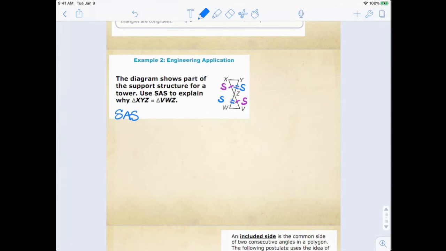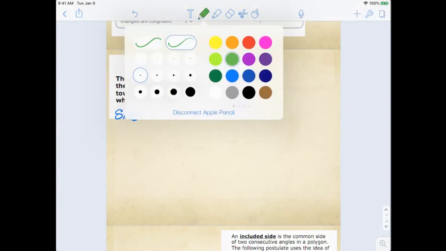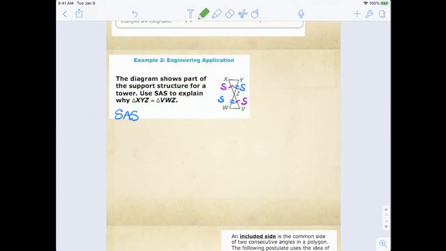In other words, what's not marked that we know is true? Hopefully you saw that in order for these to be congruent, this angle right here had to also be congruent because it's included. The angle has to be between the two sides. So by vertical angles are congruent, we have a side angle side congruence.